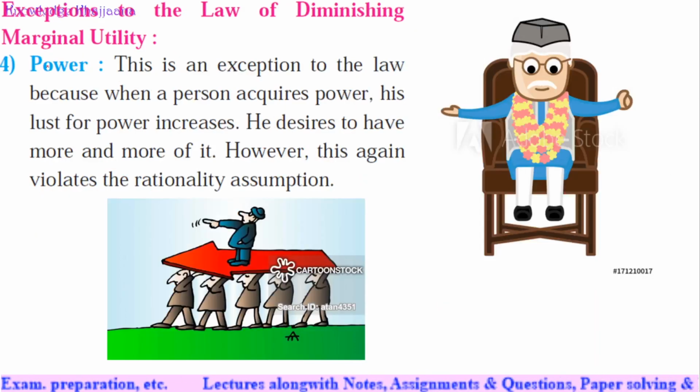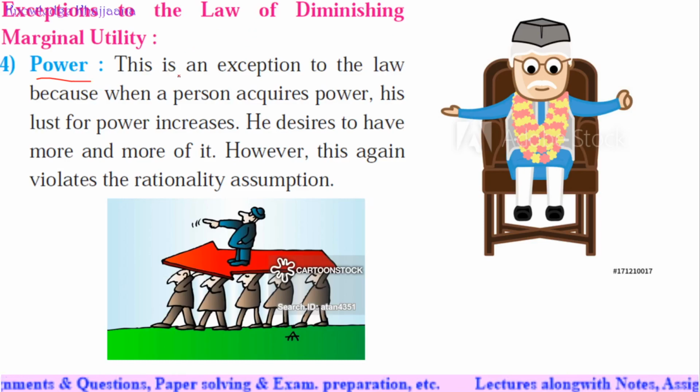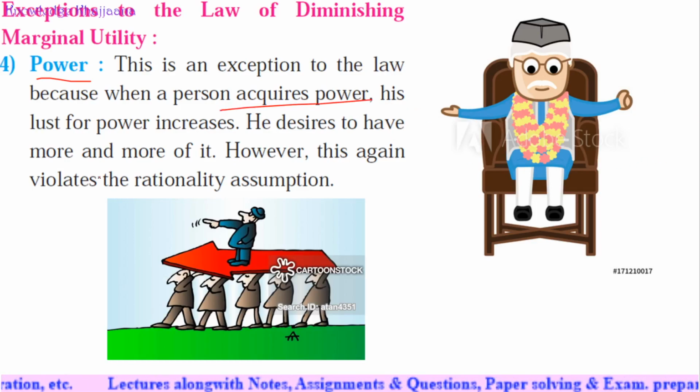Next exception is power. This is again one important concept. This is an exception to the law of diminishing marginal utility, because when a person acquires power, which power? Political power. When a person acquires power, his lust for power increases. He desires to have more and more of it.